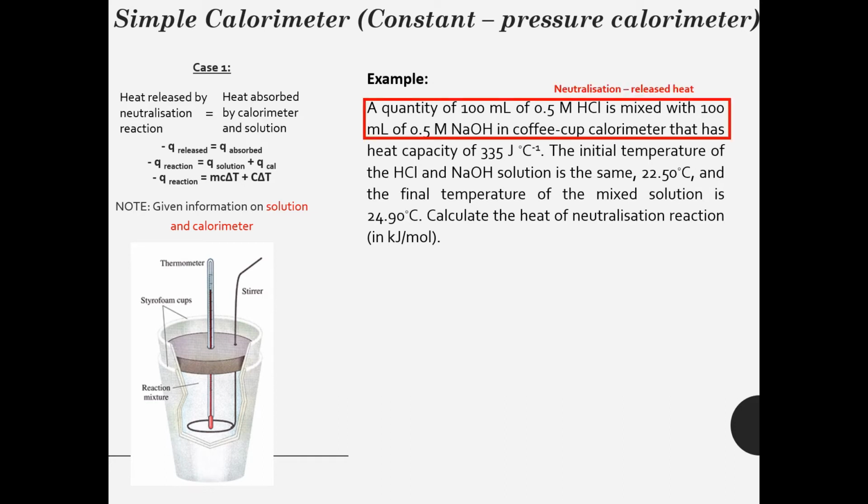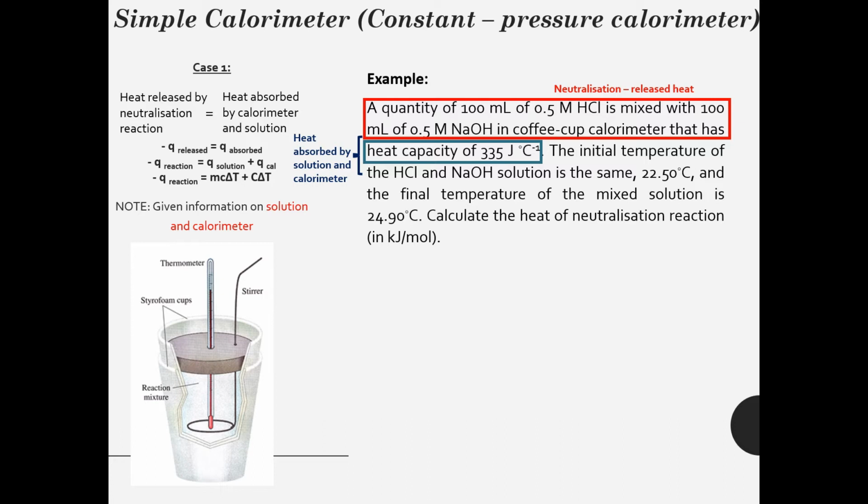From this information, can you see that we can get the information on the solution formed from the neutralization reaction, whereby the volume of the solution formed is 200 ml. Must remember this. This is the information on the solution, 200 ml.